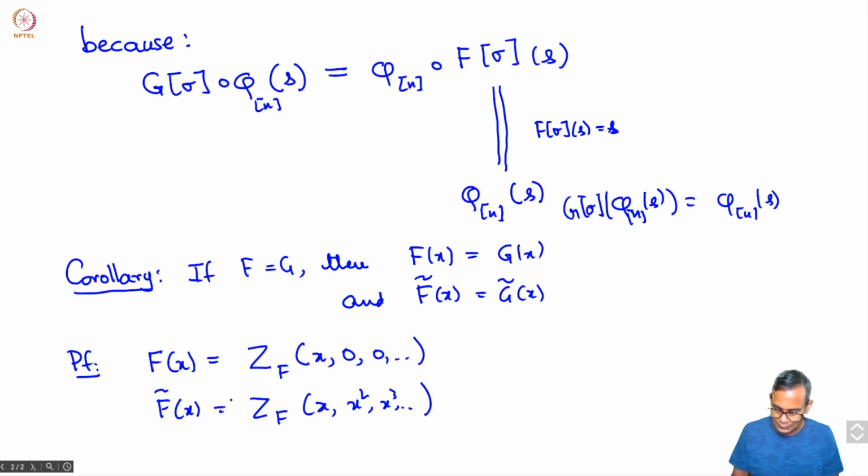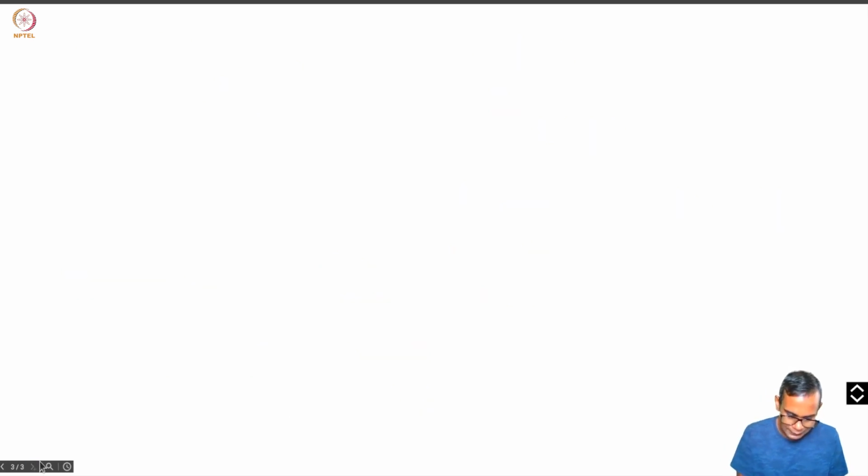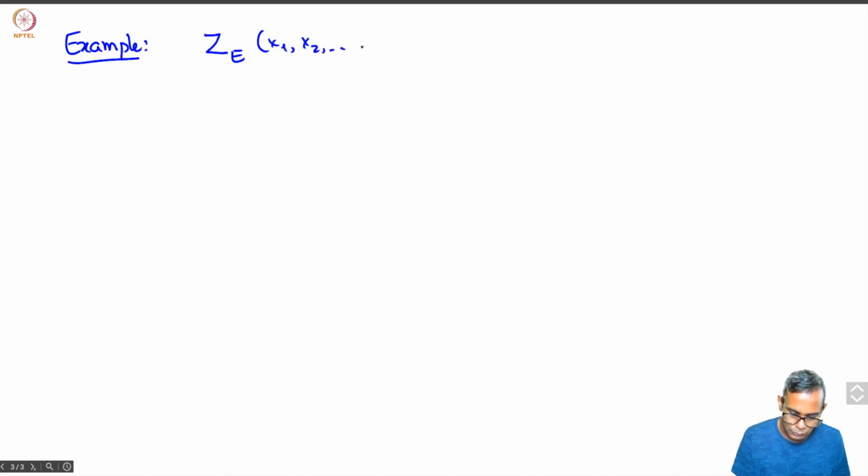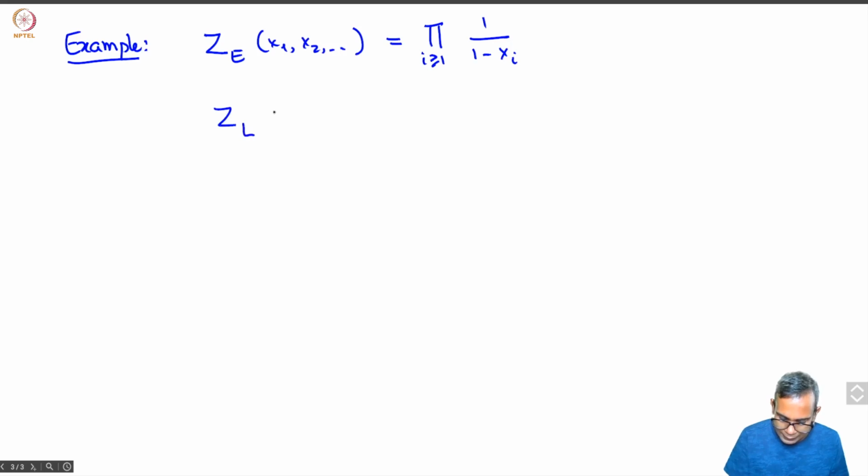So last lecture we computed the generating series of the species E and the species L. So recall that ZE of x1, x2, this is the product over i greater than or equal to 1 of 1 over 1 minus xi, and ZL of x1, x2, this is just 1 over 1 minus x1.